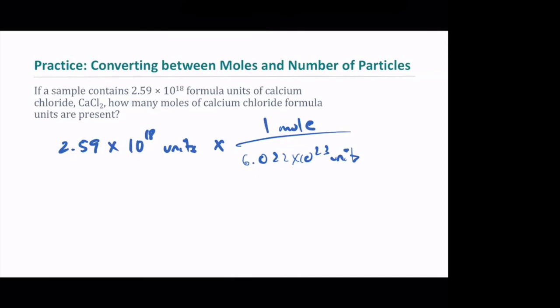And that's your answer. I don't know what the answer comes out to be. You have to do it. It's less than 1 mole, obviously. You see that? You're less than 10 to the 23rd, so it should be less than 1 mole.